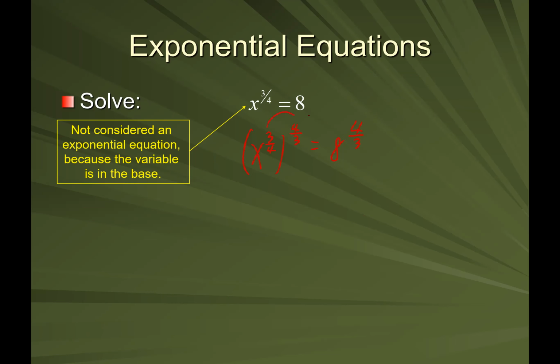Once you multiply both exponents, it becomes 1. 3/4 times 4/3 equals 1. You cancel all the numbers, it becomes 1. And here, 8 raised to the 4/3 power.